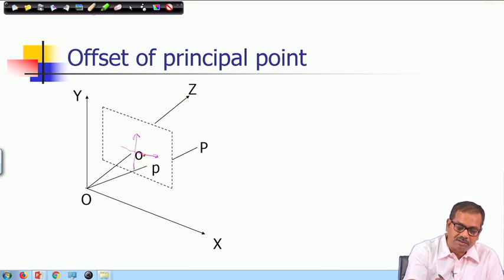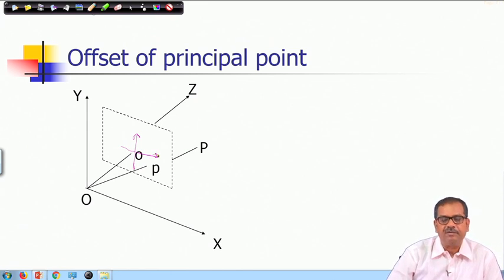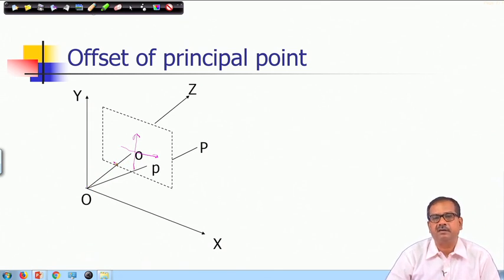So, that is how this origin is formed, and then the axes are parallel, I told you. So, this is the canonical configuration, and in this case we are assuming, of course, this image plane is at a distance of focal length f.